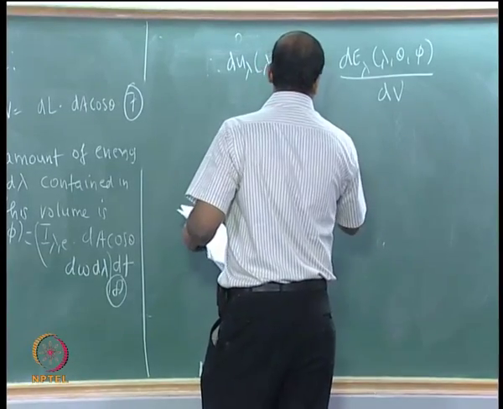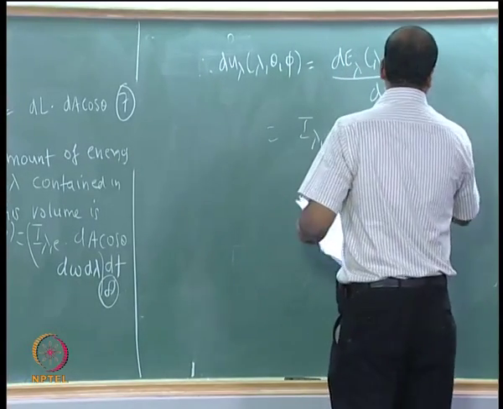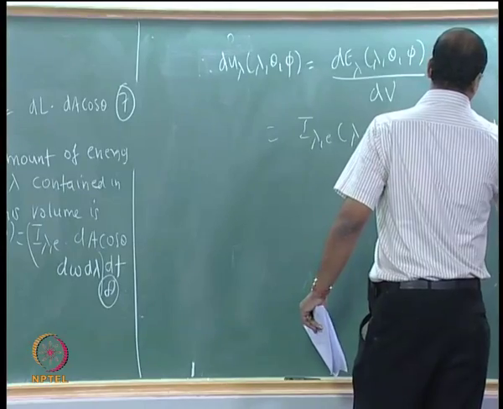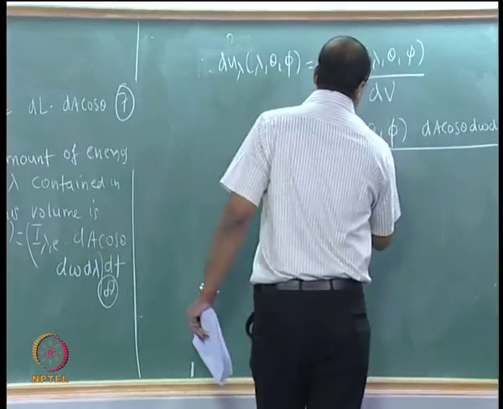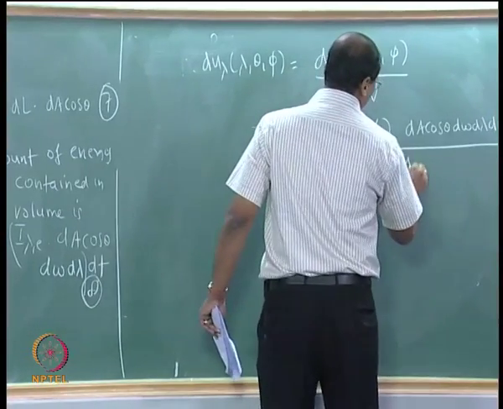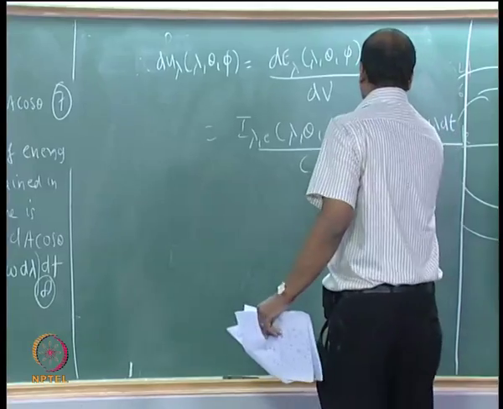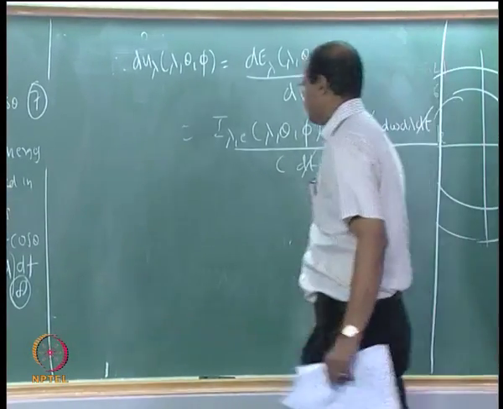Now can we do this? dl is C dt, dA cos theta.